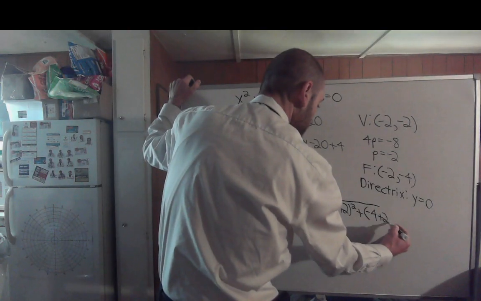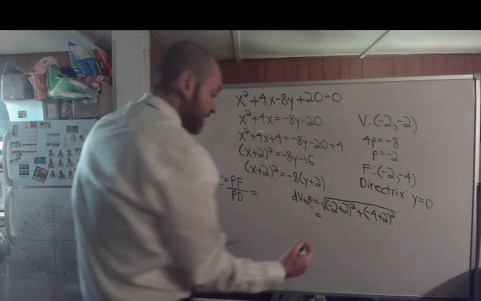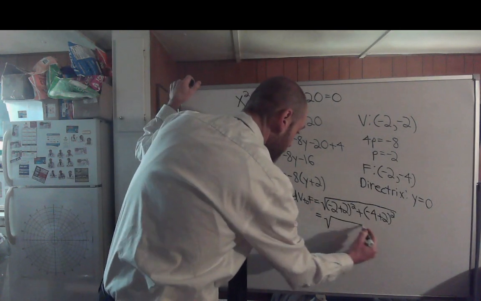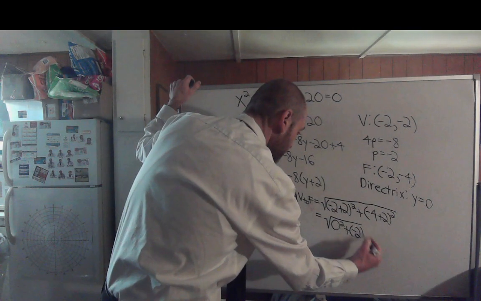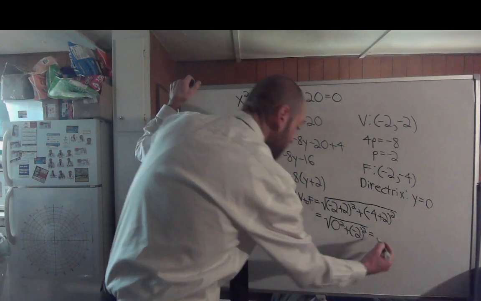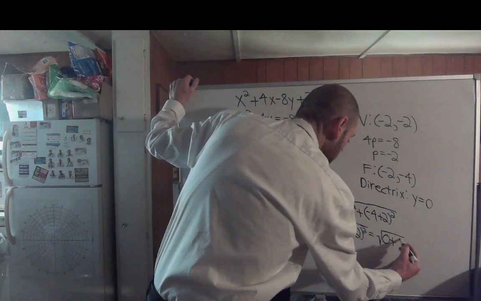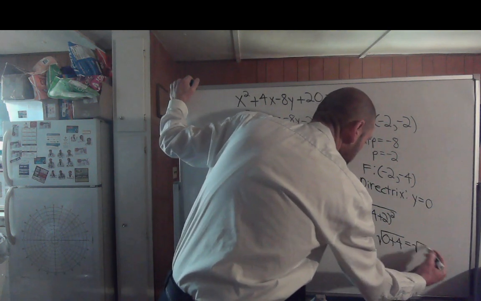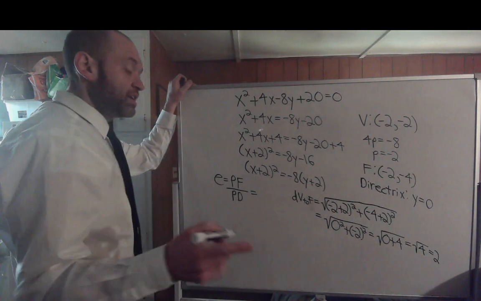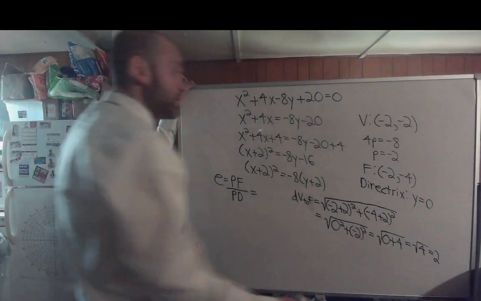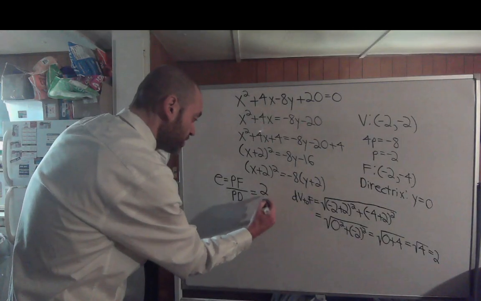Well, that'd be negative 4 plus 2 quantity squared. That would end up equaling the square root of 0 squared plus negative 2 squared, which would end up giving me the square root of 0 plus 4, square root of 4, which equals 2. So the distance from the vertex to the focus is 2.